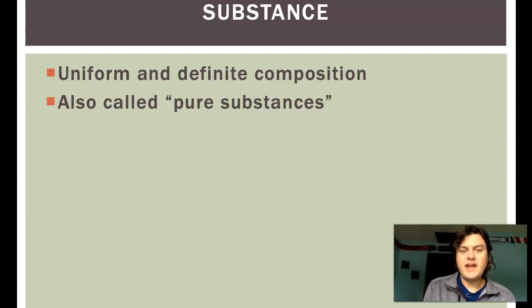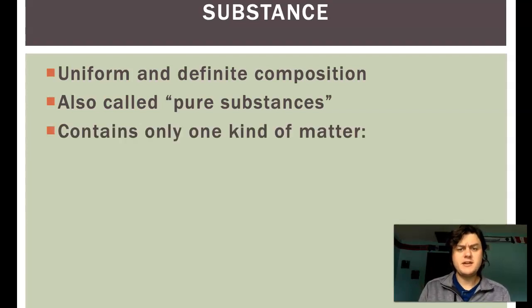And so any sample of table salt that we take and investigate is going to be specifically defined as that. Any sample of copper that we look at will be composed of copper atoms. So anything that is uniform and definite in its composition is considered a substance.